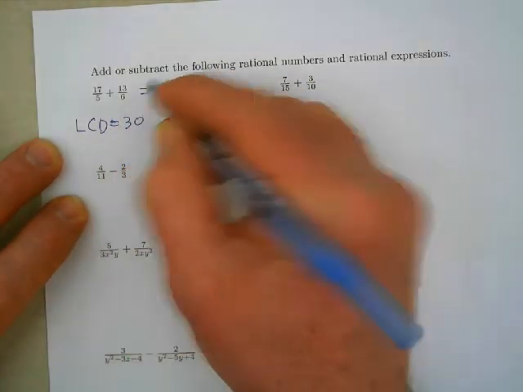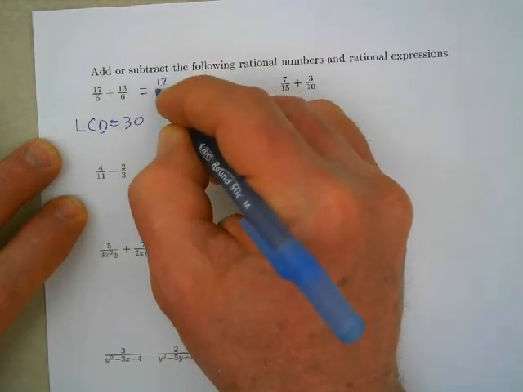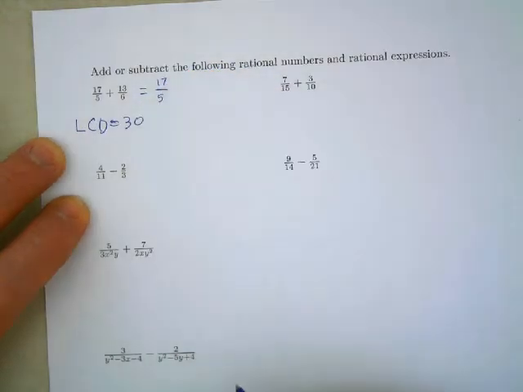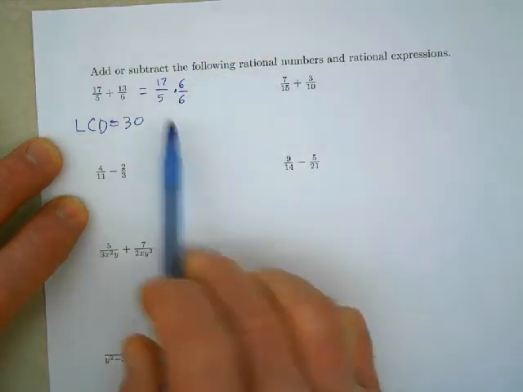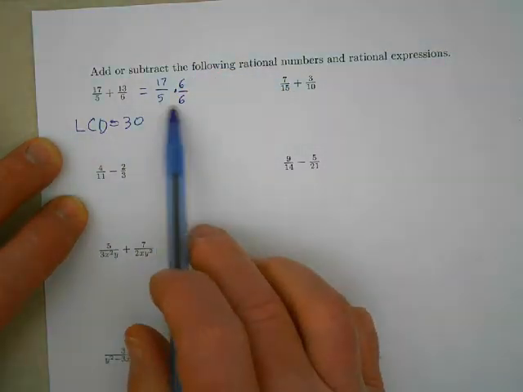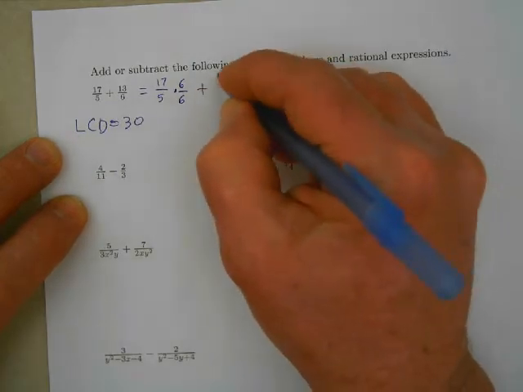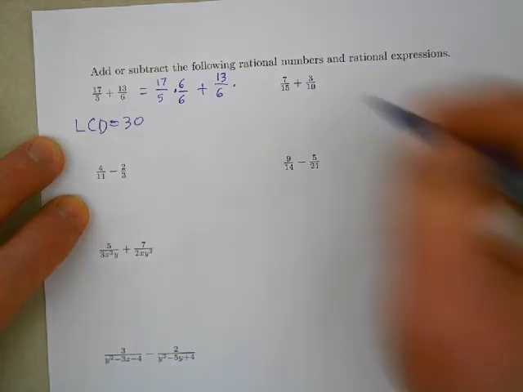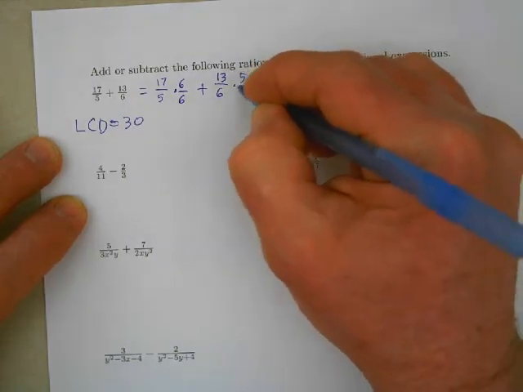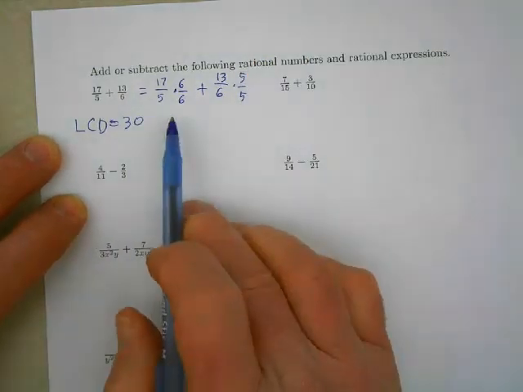So what we can do is multiply 17/5 by 1 in the form 6 over 6, because the common denominator is 5 times 6. We'll add that to 13 over 6, but we'll multiply 13 over 6 by 1 in the form 5 over 5. And then we'll do the arithmetic.